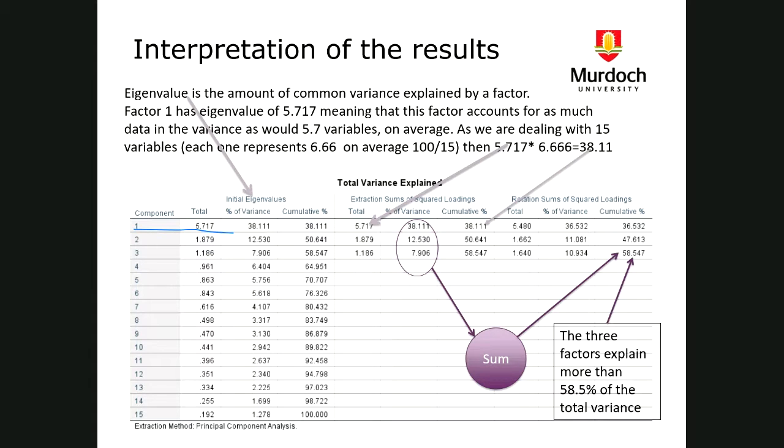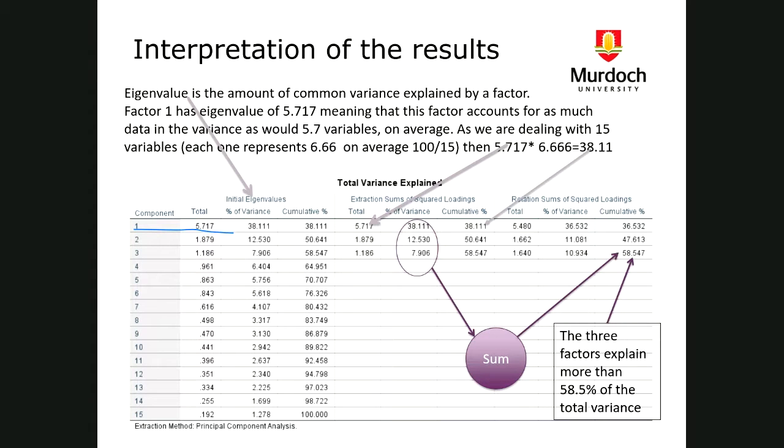So one of them as a group is this factor number 1, and it has an eigenvalue of 5.717. This factor alone can explain what 5.717 of the 15 variables can explain.